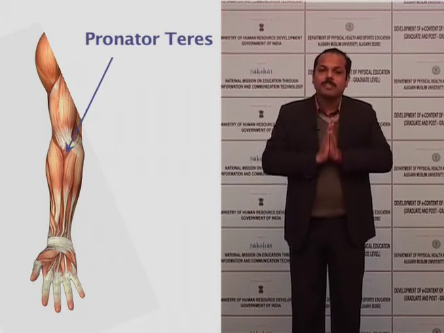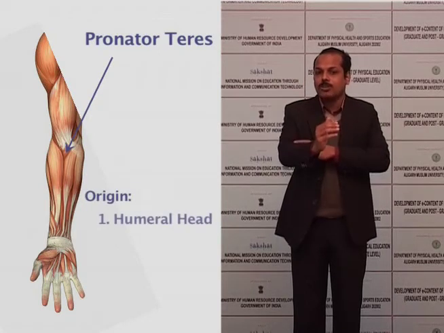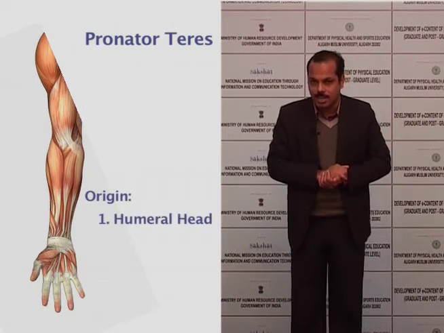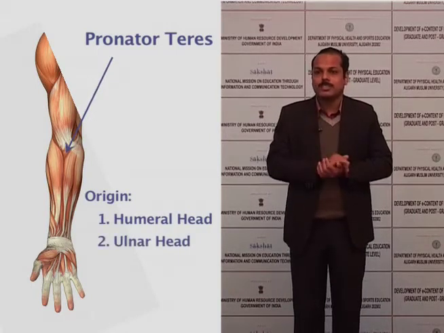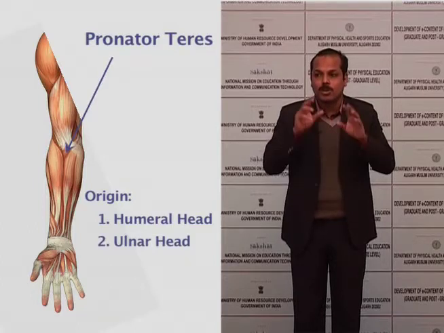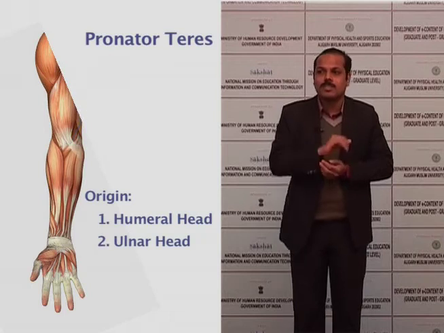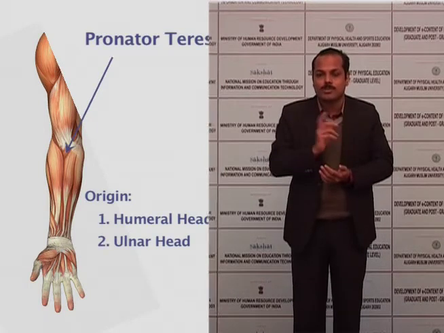This muscle has 2 heads: a humeral head and an ulnar head. The humeral head starts from the common flexor origin, the medial epicondyle of the humerus, and the ulnar head starts from the medial border of the coronoid process of the ulna. Then it comes down and attaches to the lateral aspect of the shaft of the radius.